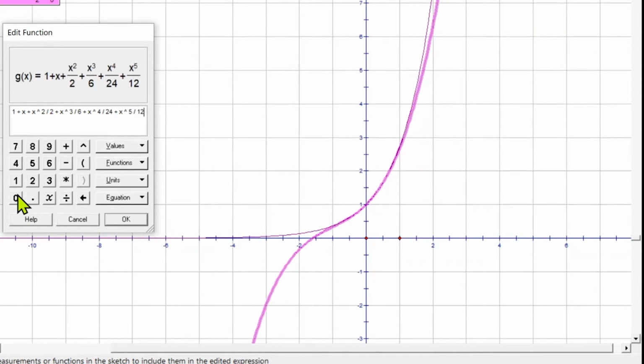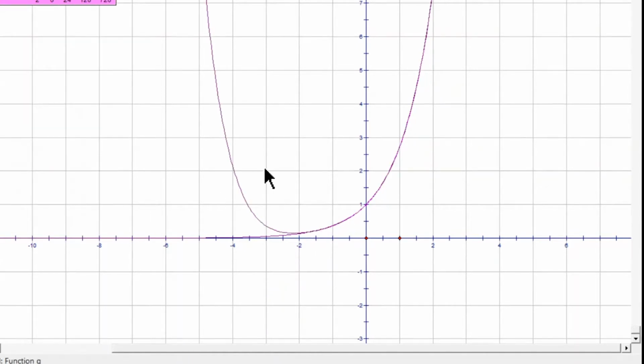Yeah, that much was still not that bad. Let's do one more term. Plus x to the 6th power over 720. Okay, shall we look at this much? Whoa!